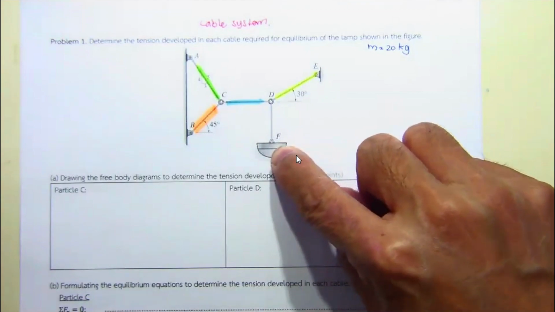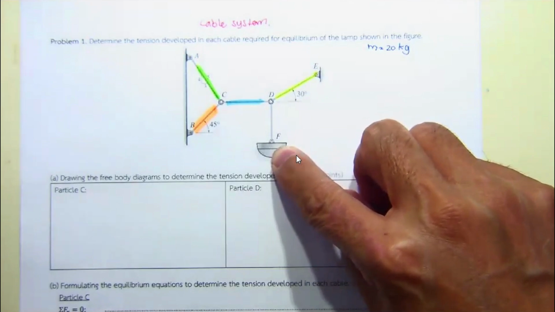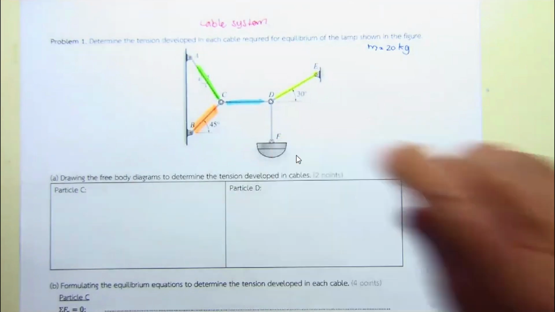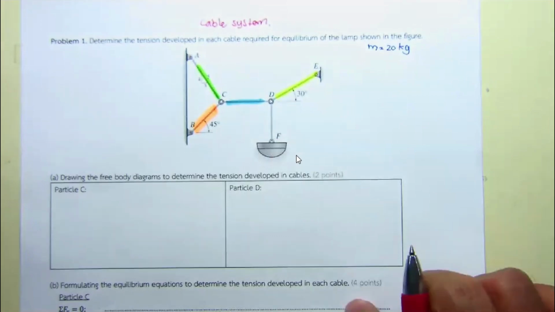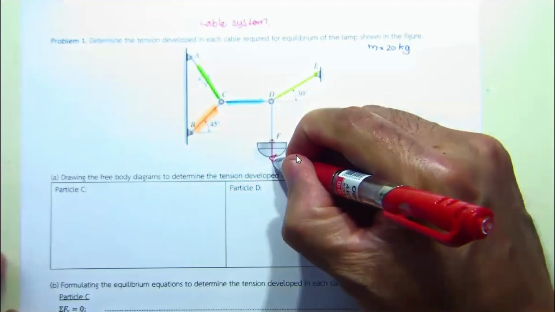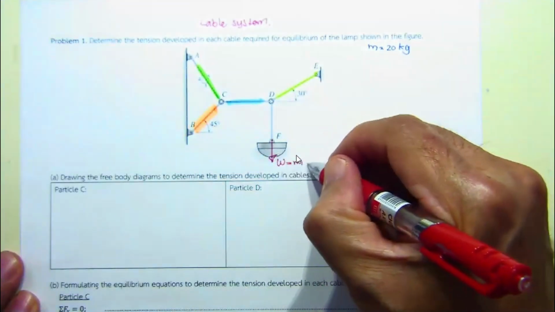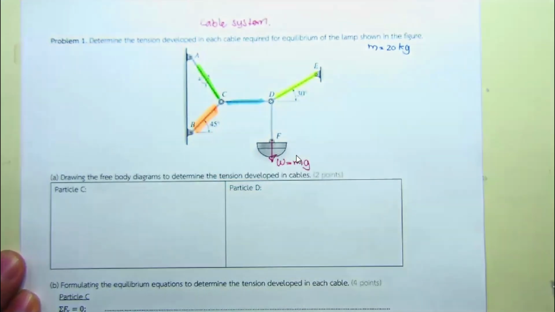Now let me assume that the mass of the lamp here is 20 kilograms. W is equal to the mass times g, the gravitational acceleration.